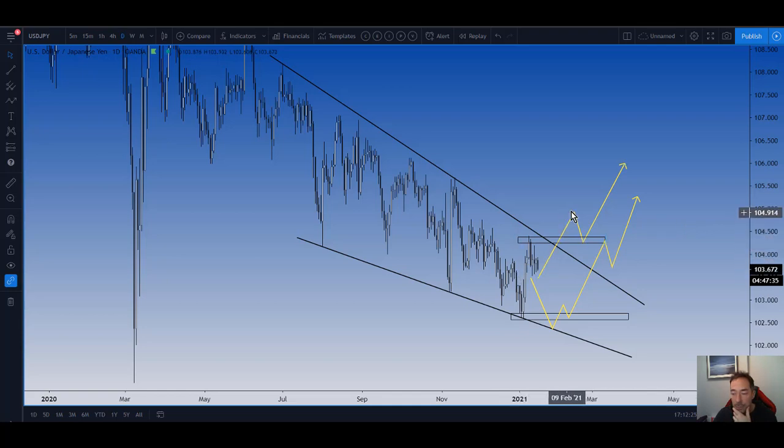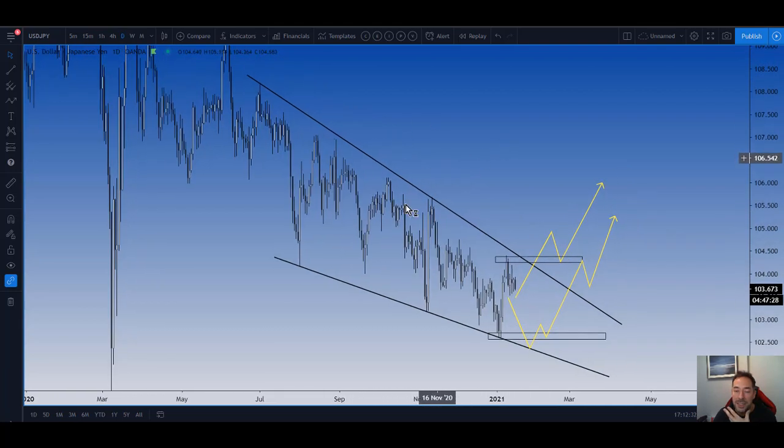If it breaks out, look for the correction, look for buyers to come in. If it continues to drop down, because with this particular structure, you would expect the price movement to the upside once it breaks to be pretty big. So for me, the money in this particular currency pair is to buy it, but you're looking to buy it at the right times, when the buyers are in and not showing their hand at the moment.